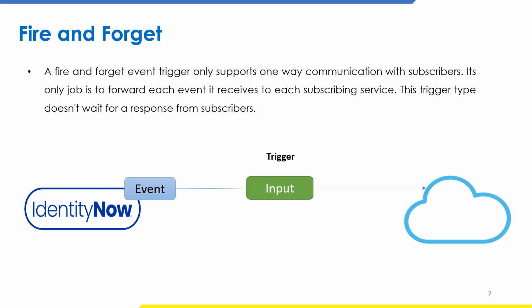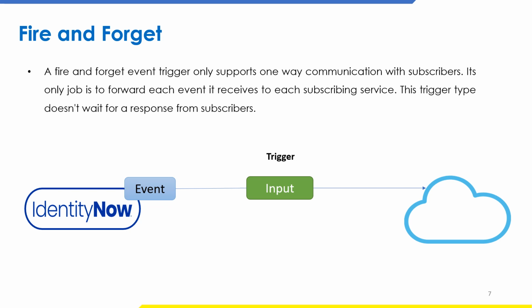In this slide, let's have a discussion on the fire and forget event trigger. A fire and forget event trigger only supports one-way communication with subscribers. This trigger is also known as a unidirectional trigger because it will not wait for a response from the webhook.